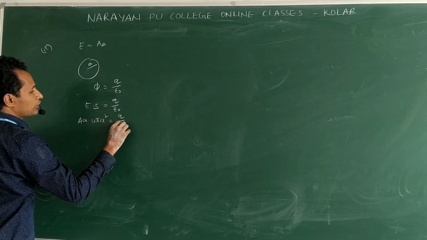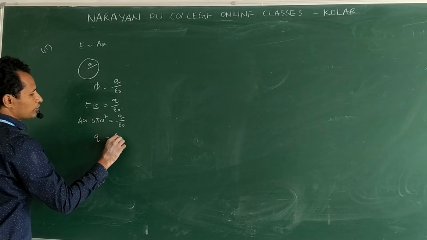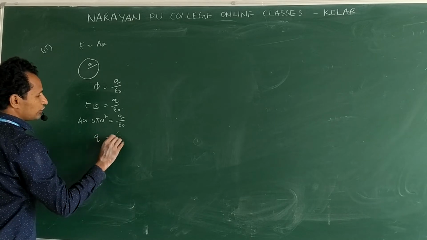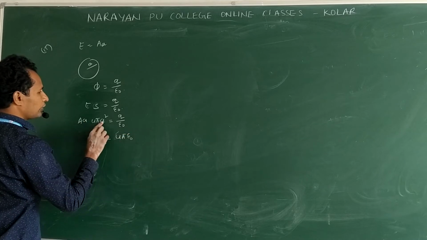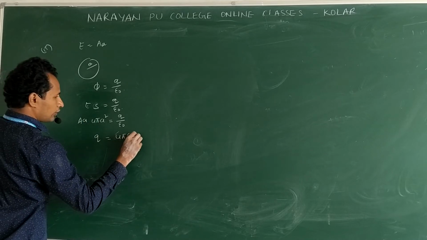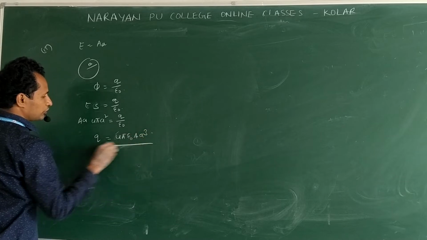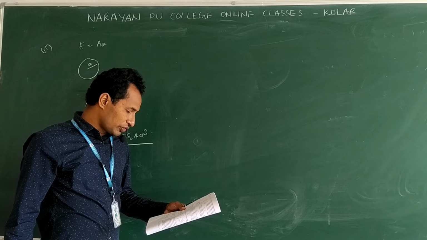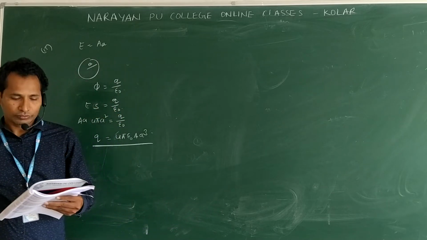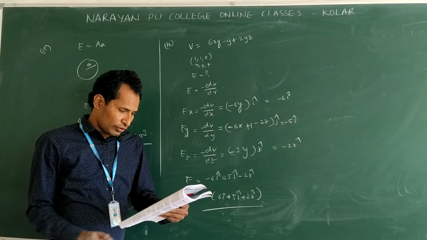Q is equal to epsilon naught times 4 pi a square into Aa. So Q is 4 pi epsilon naught capital A a cube. This is the answer. Option 3 is correct. Now come to the 16th question.